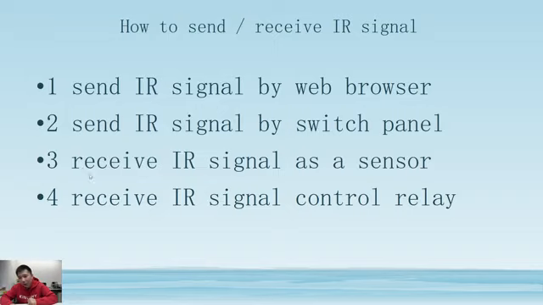And the third, receive IR signal as a sensor, because you can let your remote, the arrow button will work as a binary sensor. So that we can use the IR signal to control relay or control LED strip or control different dimmer. So that can make FDDT command for home automation for your project just based on the IR remote.